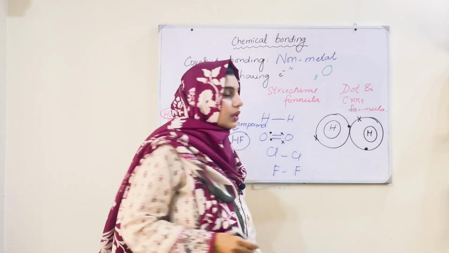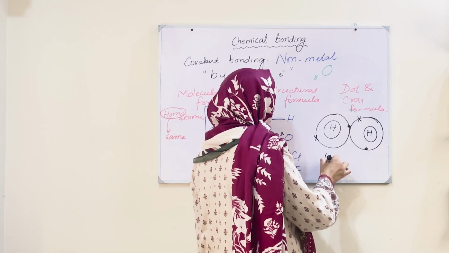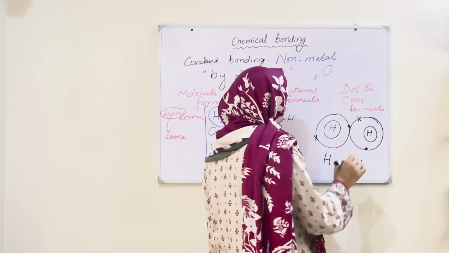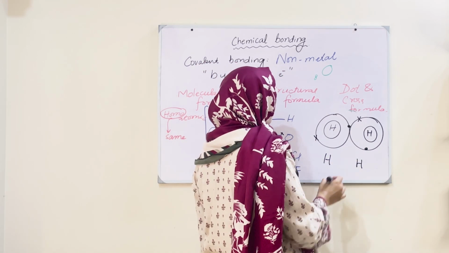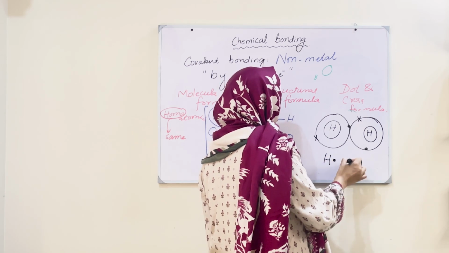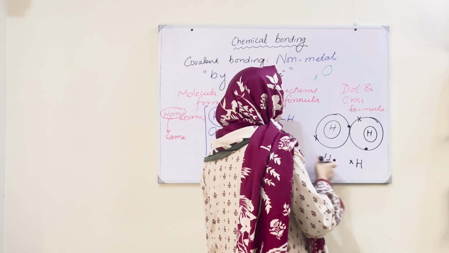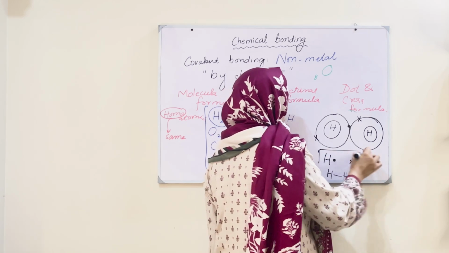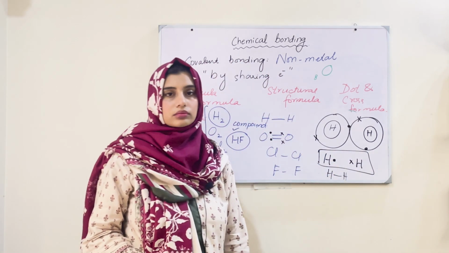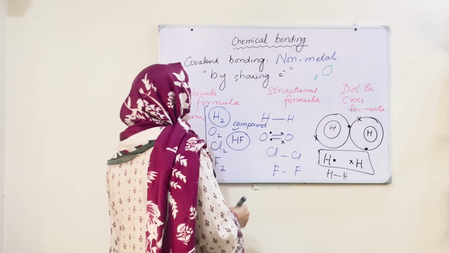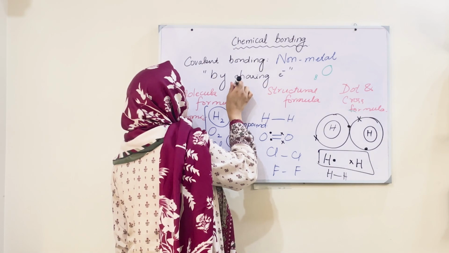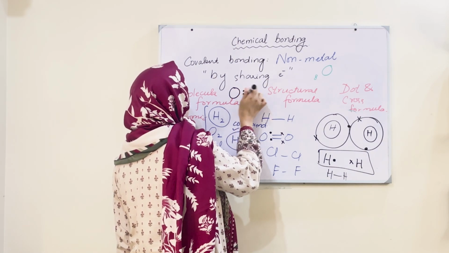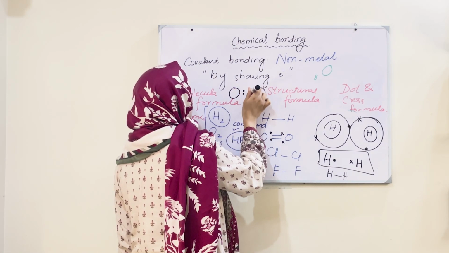Clear? Another thing, we have one hydrogen and another hydrogen. This one has a dot, this one has a cross, and they are shared with each other. That is why this is the dot and cross formula. As far as oxygen is concerned, oxygen has dots, another oxygen has crosses.